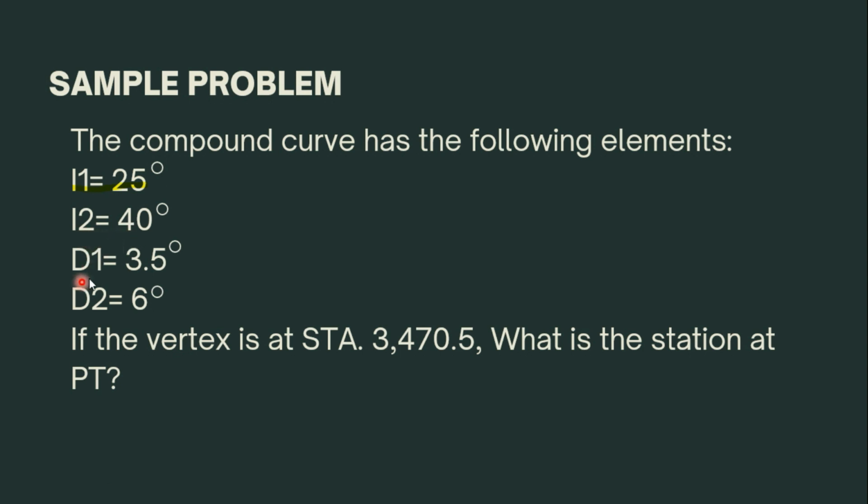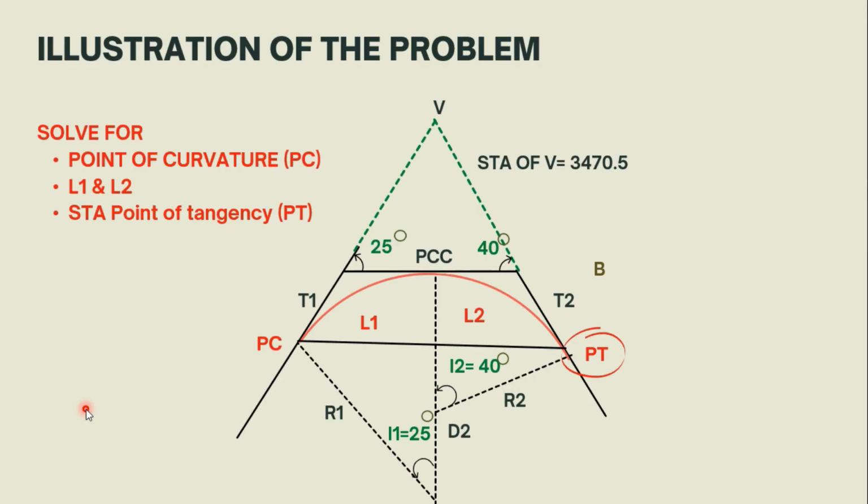The degree of the first simple curve is 3.5 degrees, and the degree of the second simple curve is 6 degrees. If the vertex is at station 3470.5, what is the station at PT? So in the problem, we're looking for the station at PT.